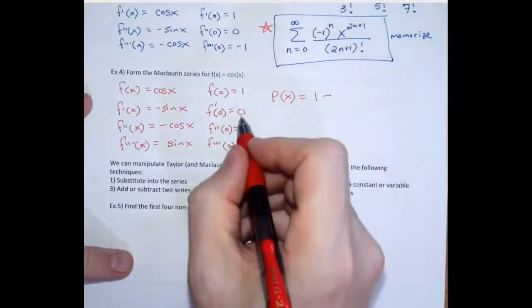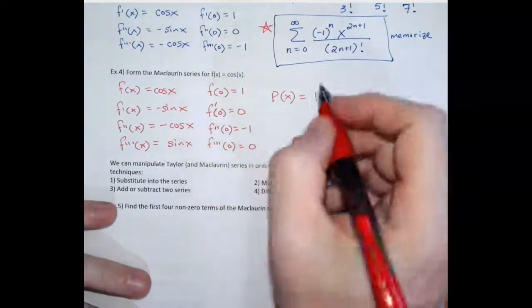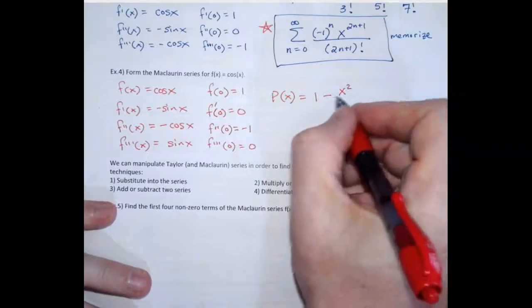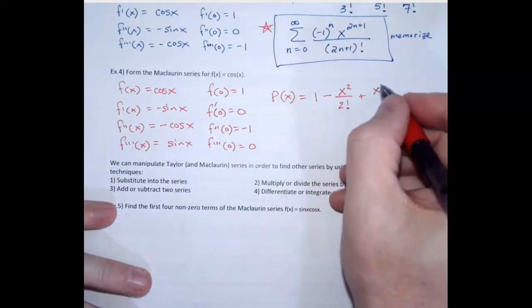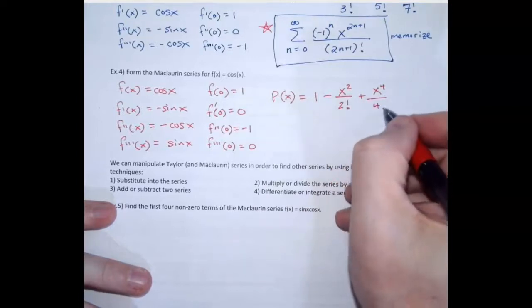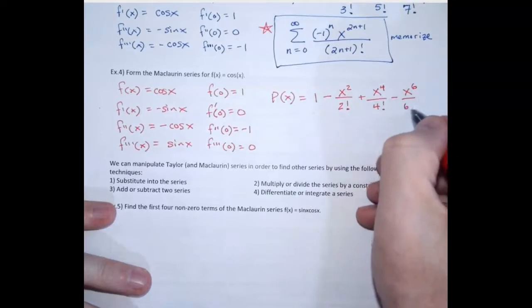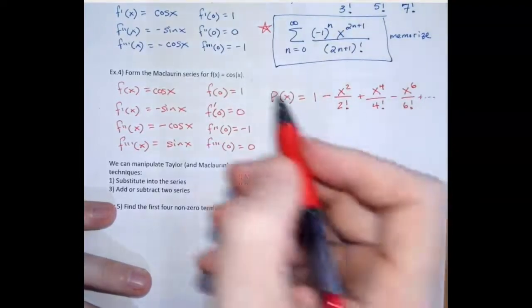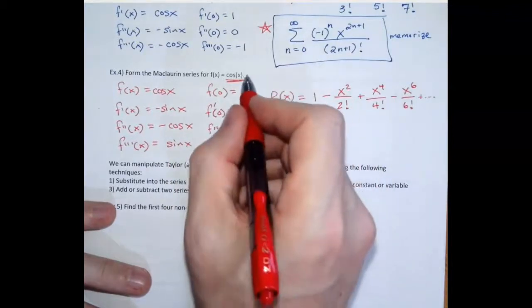And then we're going to get 0 for x, and then we're going to get negative x squared, and that's going to be over 2 factorial. And then we're going to get the even powers there, and they're going to alternate signs. So it's not that big of a deal if you just memorize what's going on here.